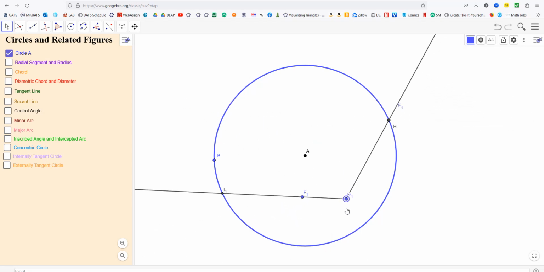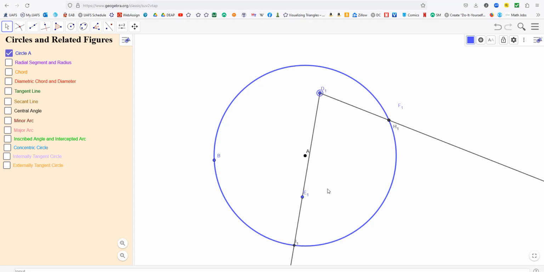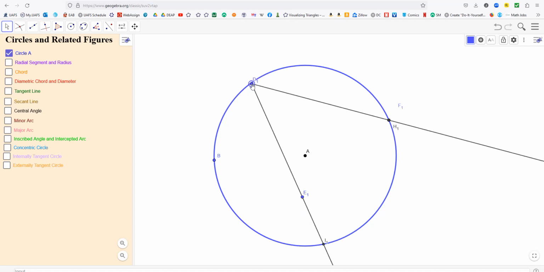Okay. The angle might be a central angle, in which case the arc that it intercepts has an arc measure the same as the measure of that central angle, but you could have other things like this. You could have an angle that looks like this, where this point is here and intercepts an arc here.